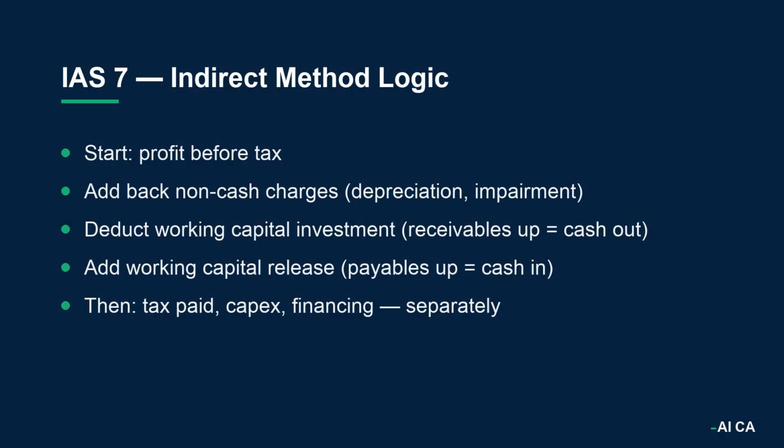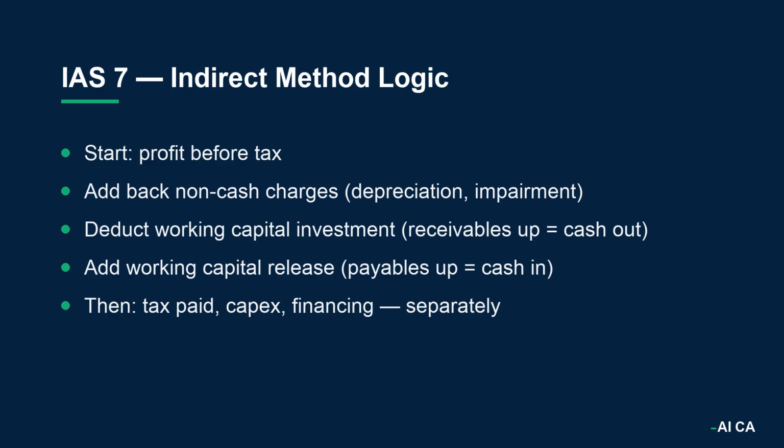The third linkage is between profit and operating cash flow under IAS 7. The indirect method, which is by far the most common in practice, starts with profit before tax and adjusts for non-cash items and working capital movements. Depreciation is added back because it reduced profit but required no cash outflow.